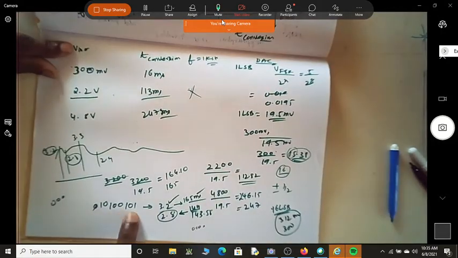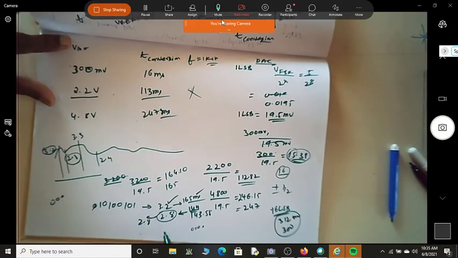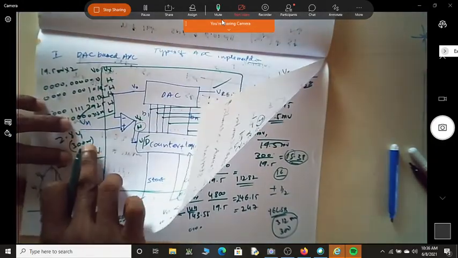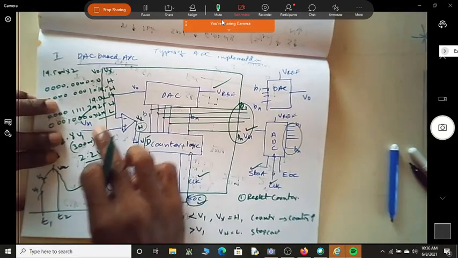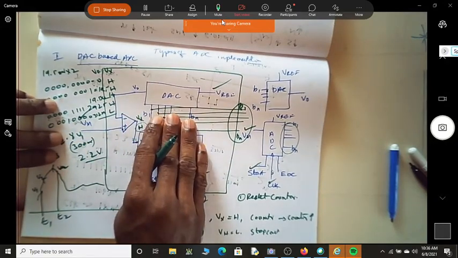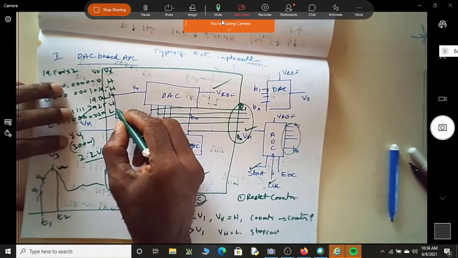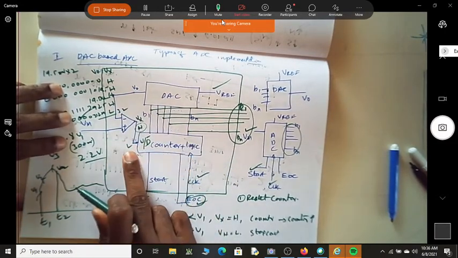Do you have this as the value in your counter? Yes, sir. So now your input is 2.8. Will this be giving 3.2 volts, because you have the binary equivalent of 3.2? Yes, is the voltage low here now?